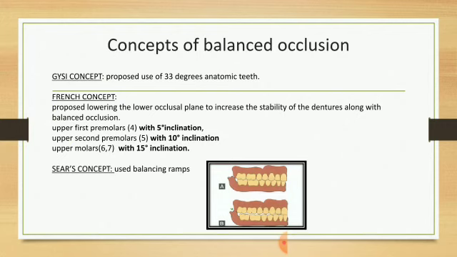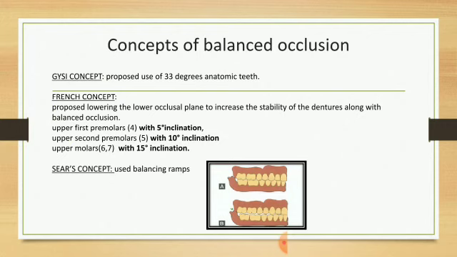Next we move on to Freese's concept. He proposed lowering the lower occlusal plane to increase the stability of the dentures along with the balanced occlusion. Next, he suggested that the upper first premolars, that is tooth number 4, the second premolars, tooth number 5, and the upper molars, teeth number 6 and 7, should carry a specific inclination.